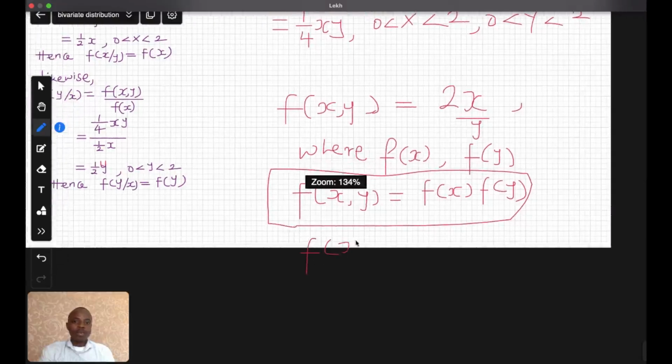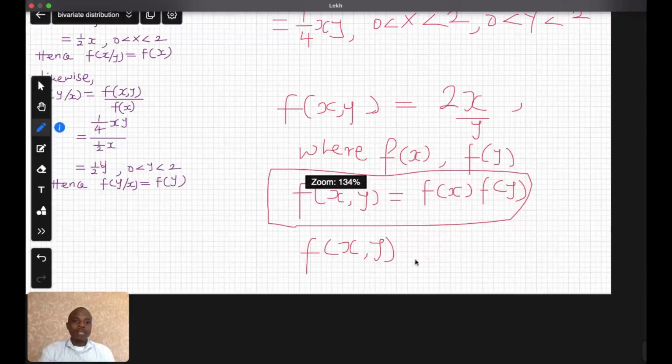So when you have told us that, then you go on to find f of x. So you substitute the stuff you are given. Where you have f of x, you put it here. Where you have f of y, you put it also, and then you multiply whatever you have there. Whatever you get, you now check, is it equal to what you have from the original?